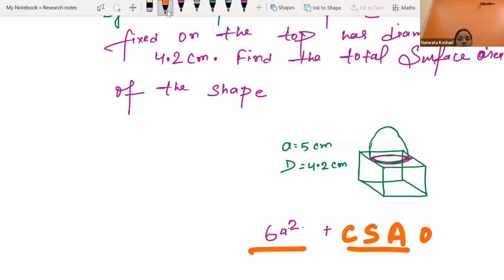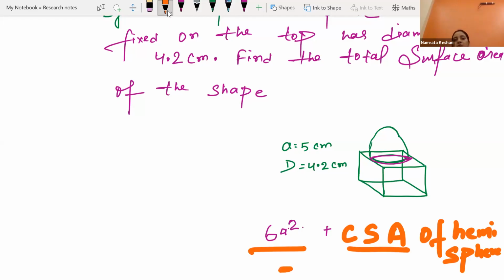No, we can subtract the surface area of the sphere. We have taken the surface area of the cube, and then when we try feeling, we can see a hemispherical shape is there. That also we are taking, the curved surface area.